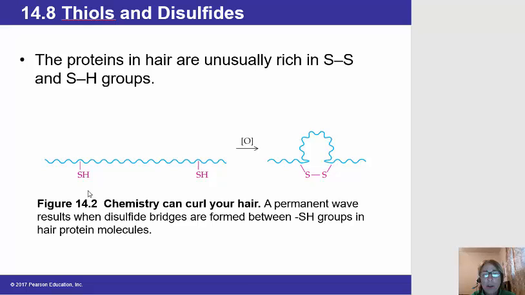So hair has a lot of thiol groups in it, has a lot of cysteine in it, and so some of the chemicals that are used to give permanent waves or straighten hair will oxidize the thiols and allow disulfide bonds to occur, or they'll break the disulfide bonds that are holding hair in a curl. So just a fun fact about how thiols are related to permanently curling hair or permanently straightening hair.